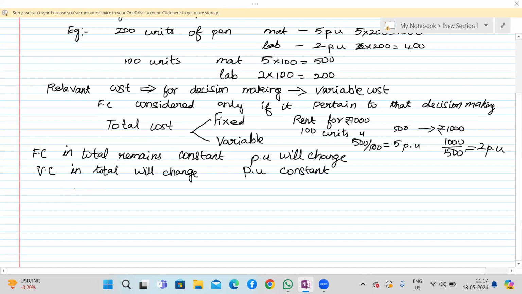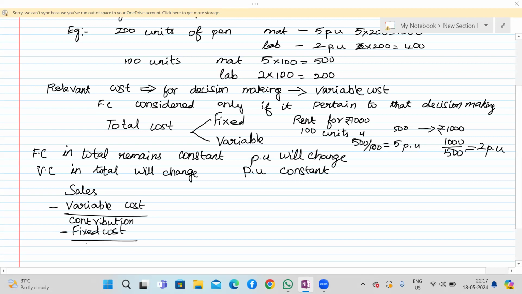Now I am considering sales minus variable cost. Here I am using a new term called contribution. Contribution is equal to sales minus variable cost. Again, I'm reducing my fixed cost, so I will get my profit.